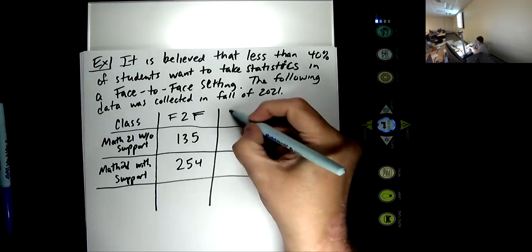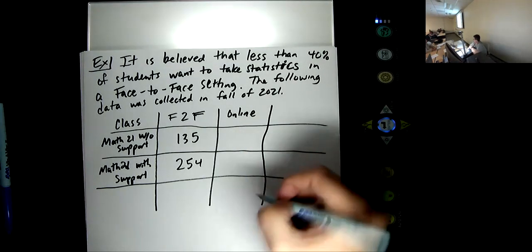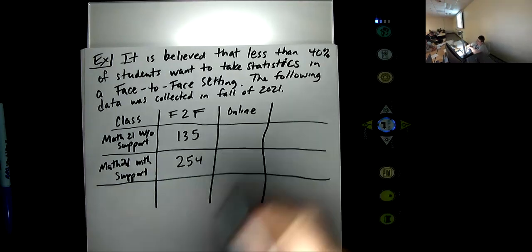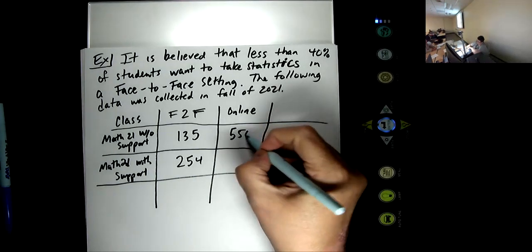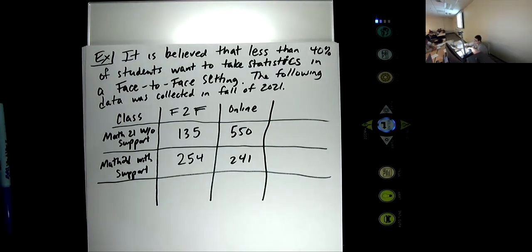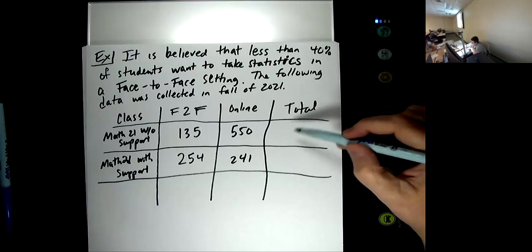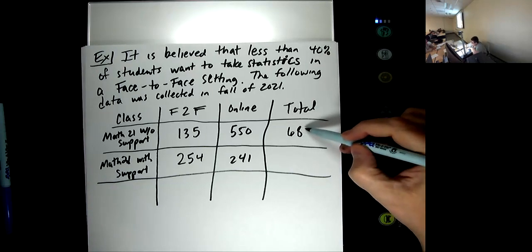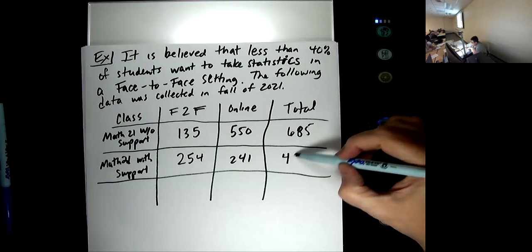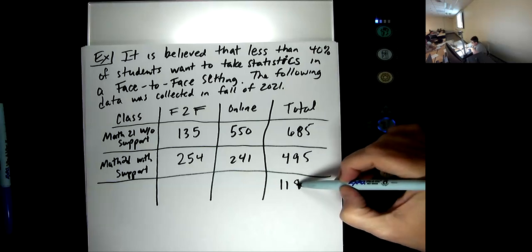The number of students registered for online classes in that same semester was 550 and 241. If we do a little total column, this is 685, this is 495, this adds up to 1180.